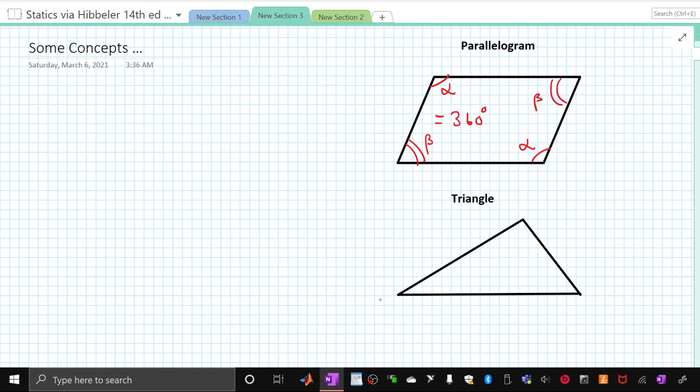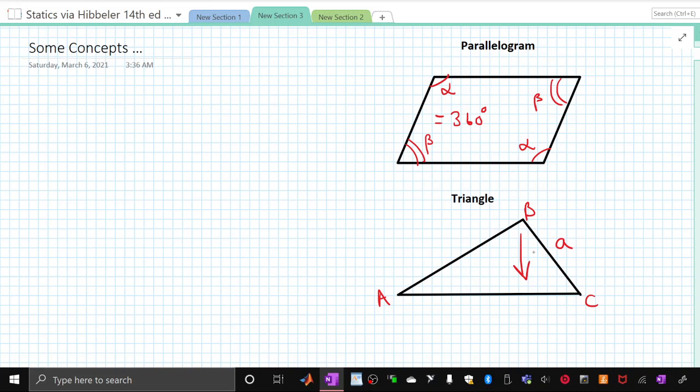So the angles, I'm just going to label them with uppercase letters A, B, and C in no particular order. I just chose A, B, and C because of the ordering of the alphabet. And the sides that are facing the respective angle, like in this case, the side that is facing this angle is going to be the respective lowercase letter.